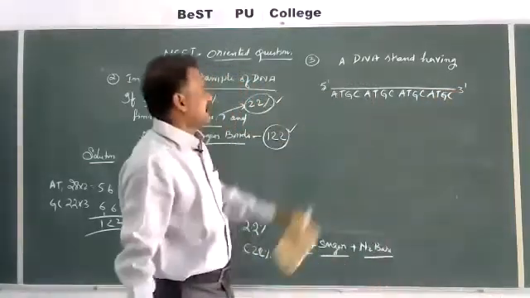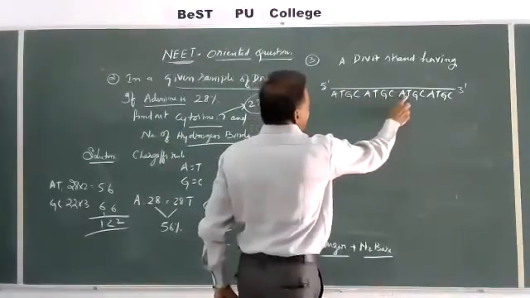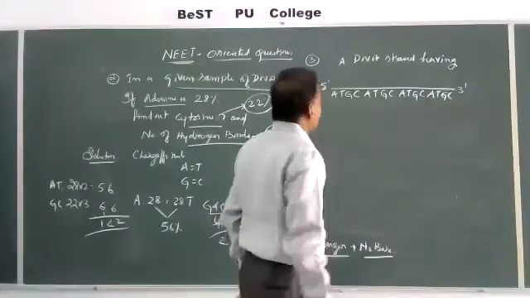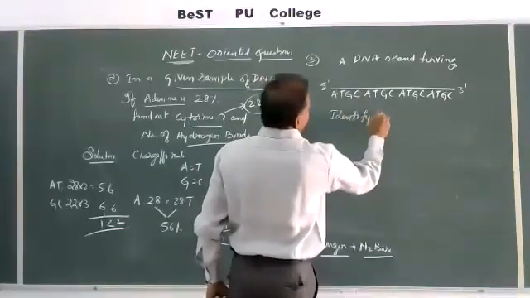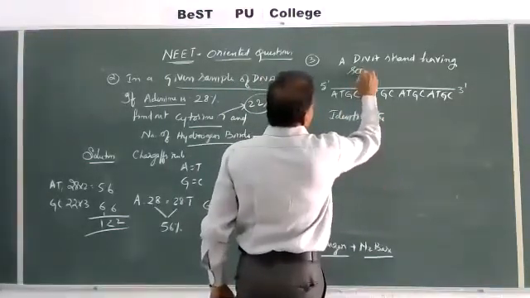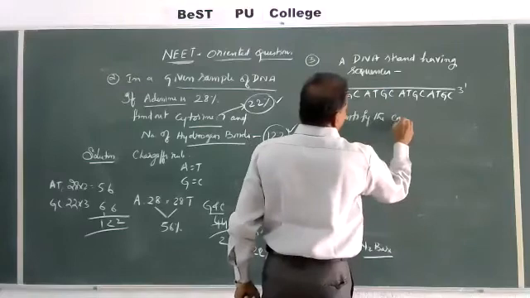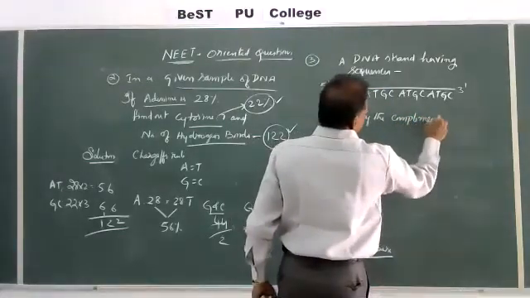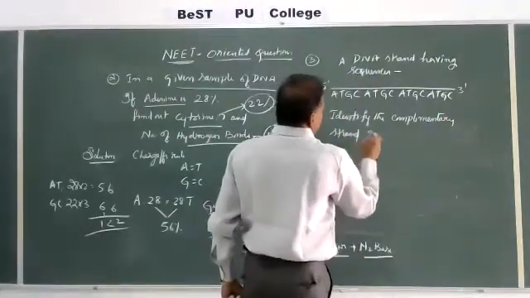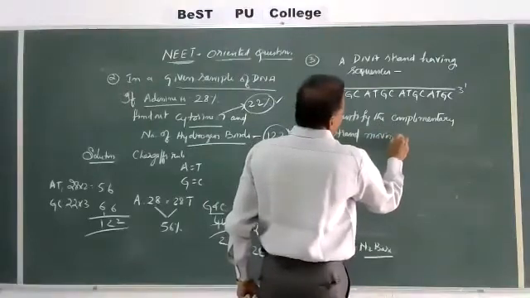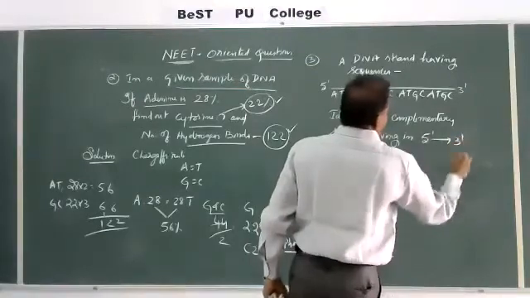So they have given one DNA strand, and they asked: identify the complementary strand moving 5' to 3'.